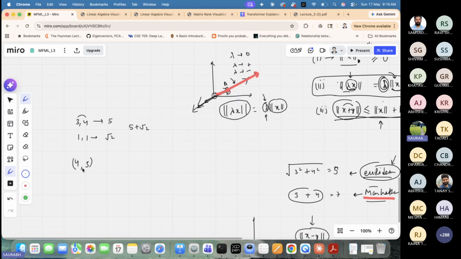The length of 4, 5 would be the square root of 4 square plus 5 square, which is 16 plus 25, 41. So what it's saying is the square root of 41 has to be less than or equal to 5 plus root 2. That's what this combined length means. When you add the vectors, the length of the added vector has to be less than or equal to what it is originally made from.